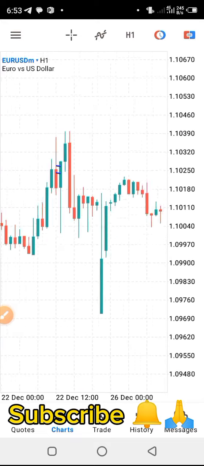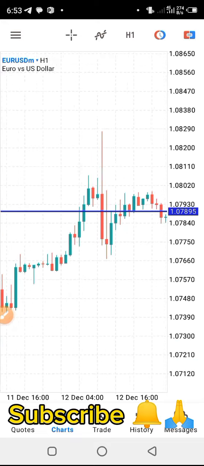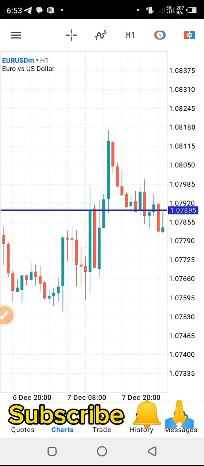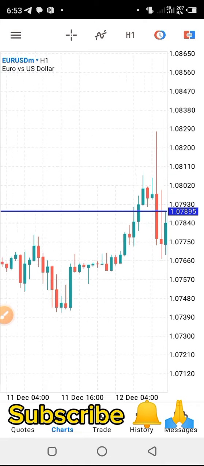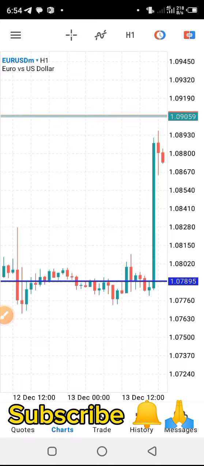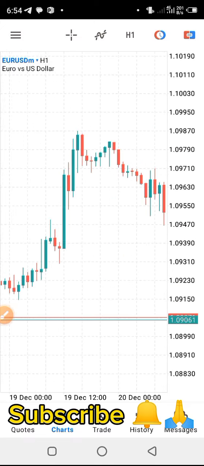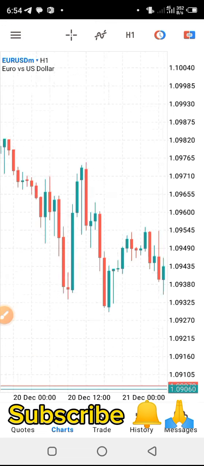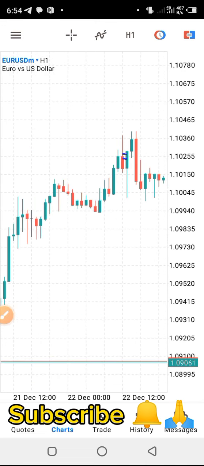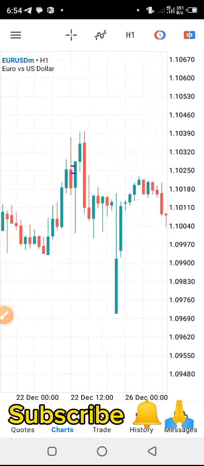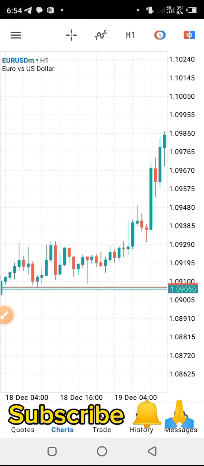I have another example that I marked out somewhere, to make it easy so I don't waste time searching for examples. Let's see, where is this example?